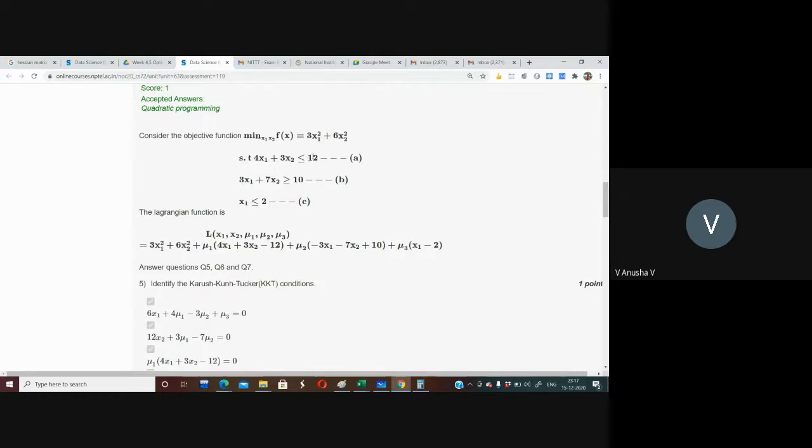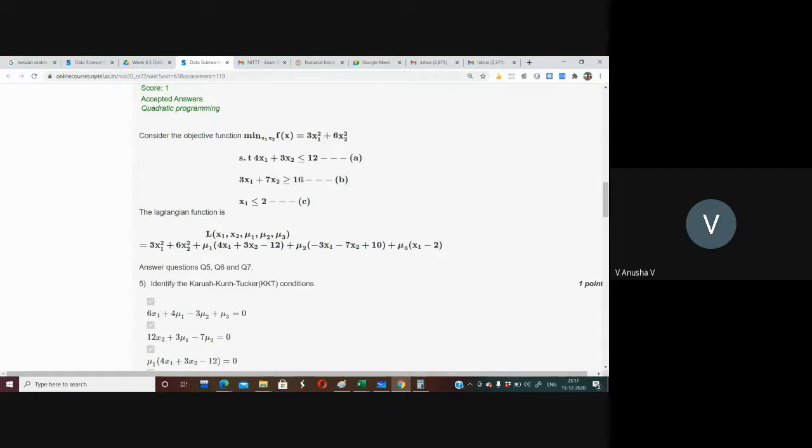Why are they bringing the right hand side 12 to the left hand side? Because you need to have it that way only. All the g of x should be less than or equal to 0. That is, the inequality constraint should be less than or equal to 0. That's why they are writing mu1 into 4x1 plus 3x2 minus 12, plus mu2 into, as you see here it is greater than or equal to 10, but you need to get it into the form less than or equal to 0, right?